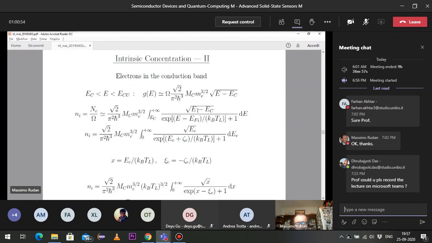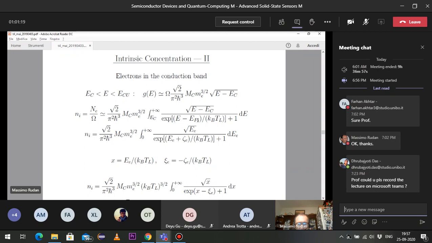At this point, we remember that E minus E_C is the kinetic energy, E_e, so this square root becomes square root of E_e. The differential becomes dE_e. The lower limit becomes 0. The upper limit stays plus infinity.